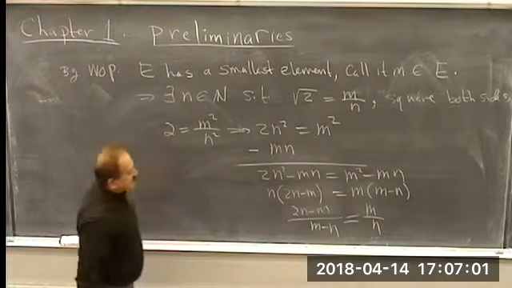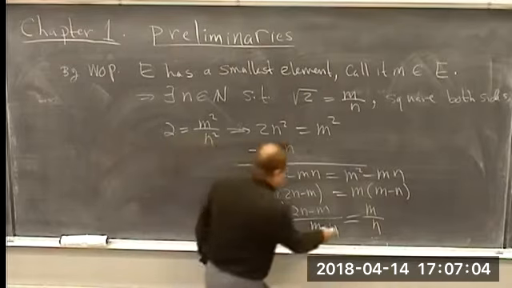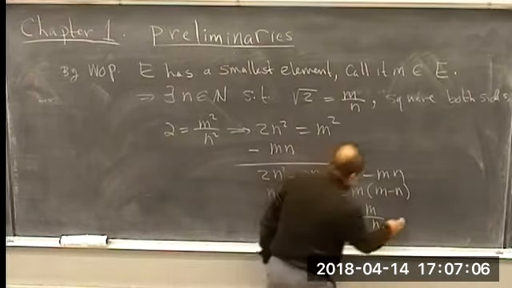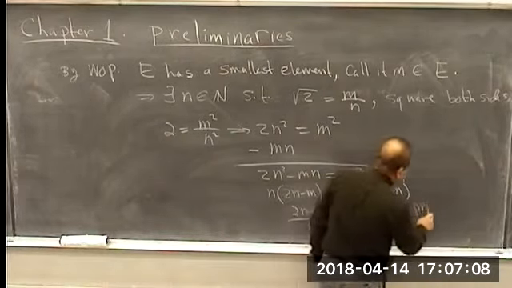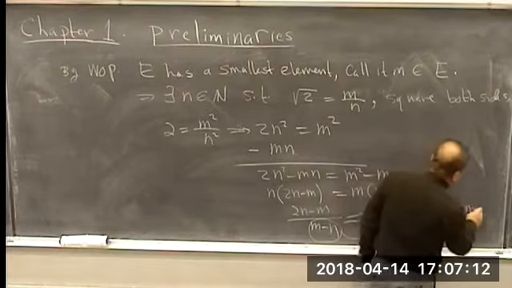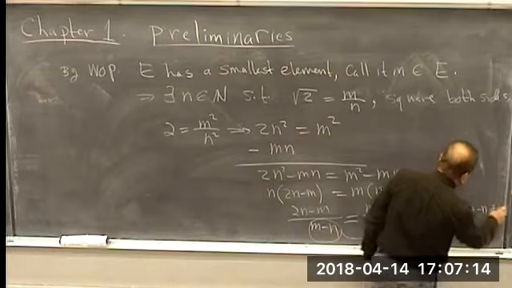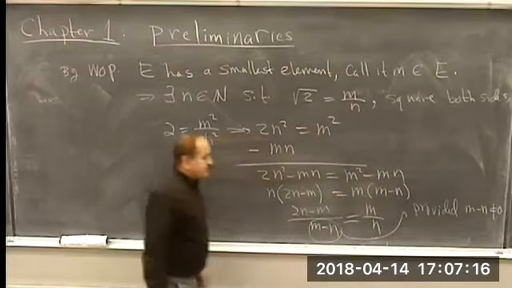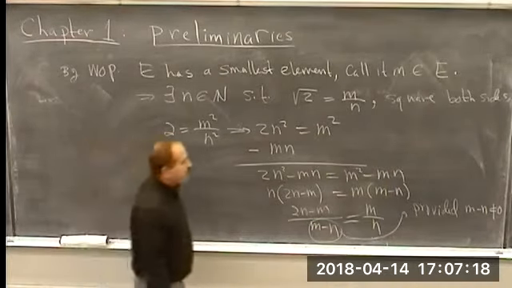Now, this makes sense provided that the denominator does not equal 0. Okay, so this is legitimate provided m minus n does not equal 0. Well, it must not equal 0. Okay?